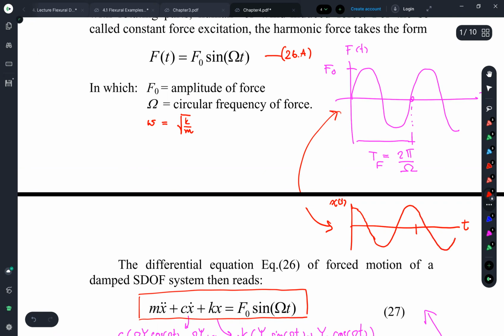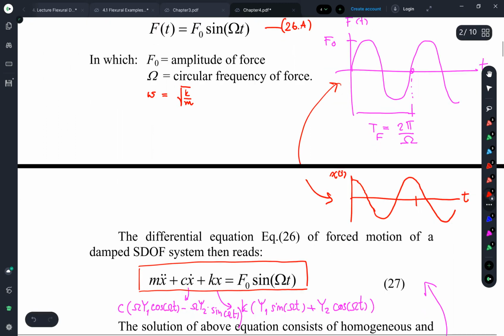If your x has the same frequency as the force, now it's possible. I can make sure that at every time instant, both the left and the right-hand side can be made equal.